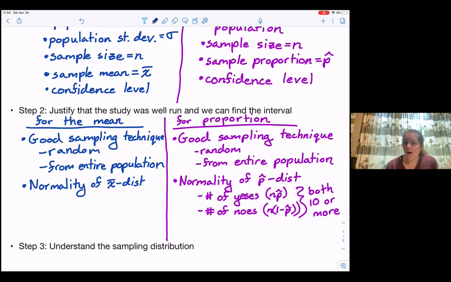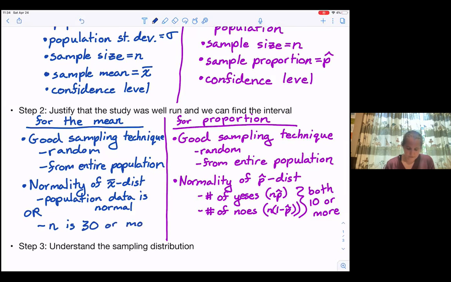So we had two options for this. Option one is just that the population data is normal. Or option two was that the sample size was 30 or more. So again, similar requirements, and then we have a slightly different requirement for our normality.